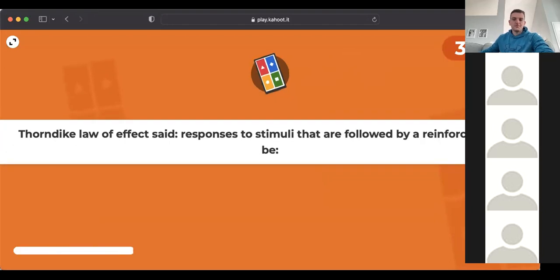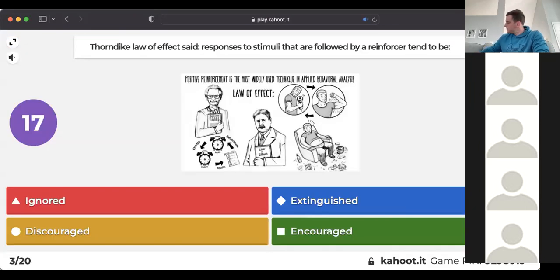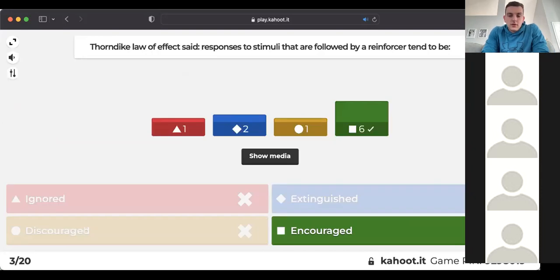All right, the law of effect, very straightforward. Thorndike's law of effect says that stimuli followed by a reinforcer tend to be encouraged.